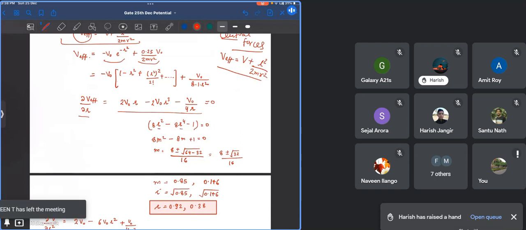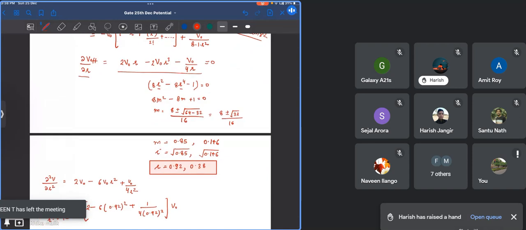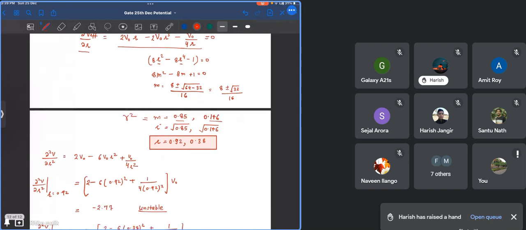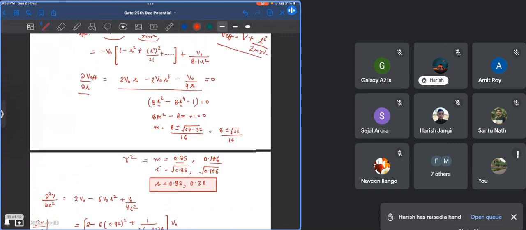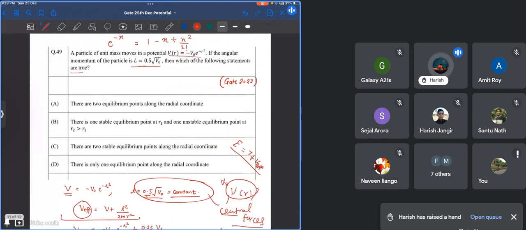Then you are left with r squared and r to the power 4. From there, you calculate the value of r. I'm just taking two values. So this term is your r squared, and from there you calculate your r. I have removed all the negative values here since r can only be positive.